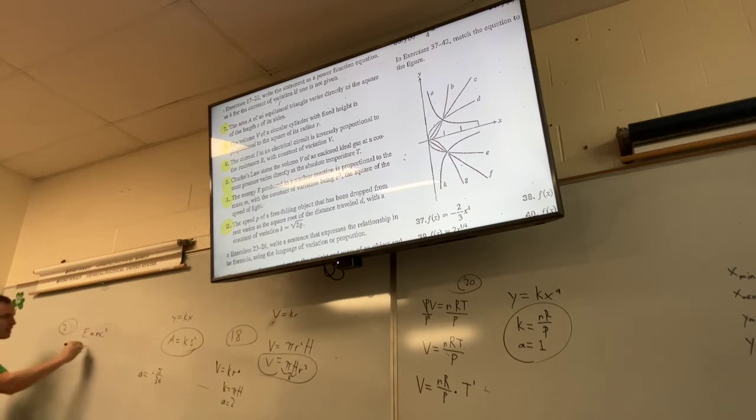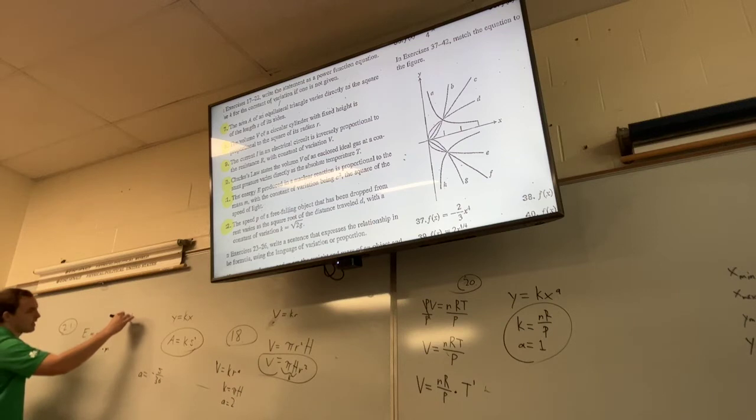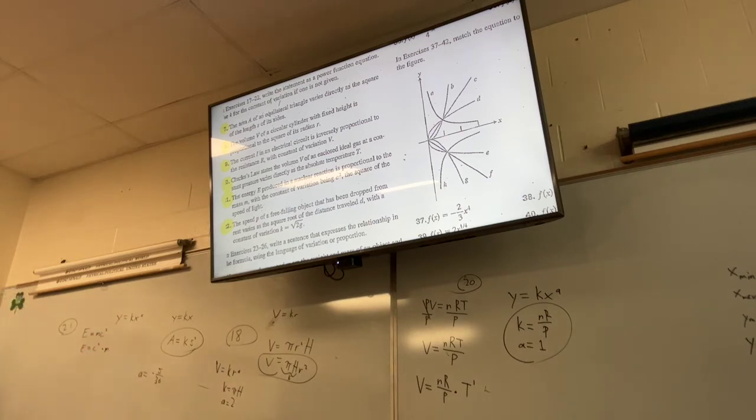So let's write this as E equals c squared times m. The general formula for a power function is y equals k x to the a. So, Ava, what's my k here? My variable is m, so what am I multiplying m by? C squared, right? So my k is c squared.